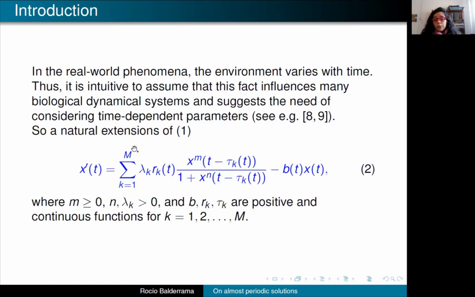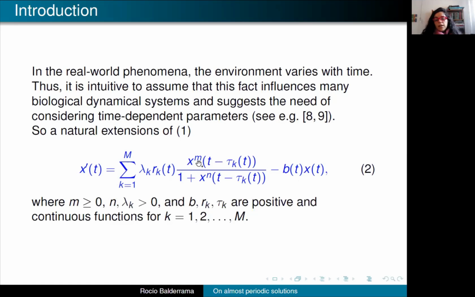And here we add, instead of only one nonlinearity, a summation of different nonlinearities.